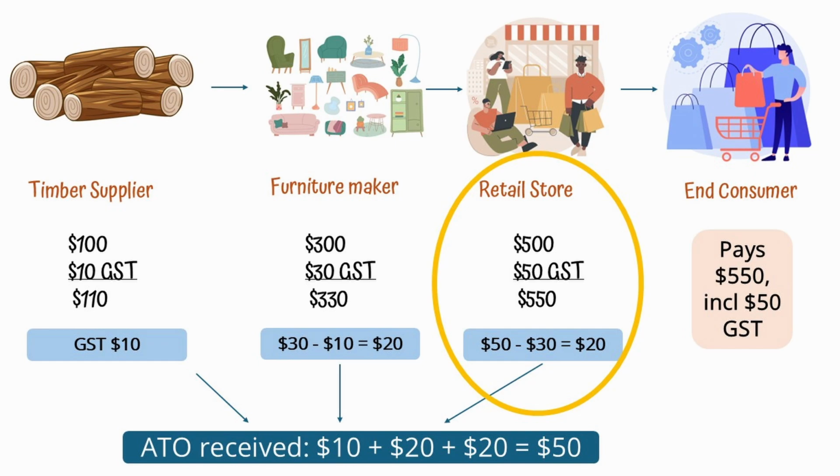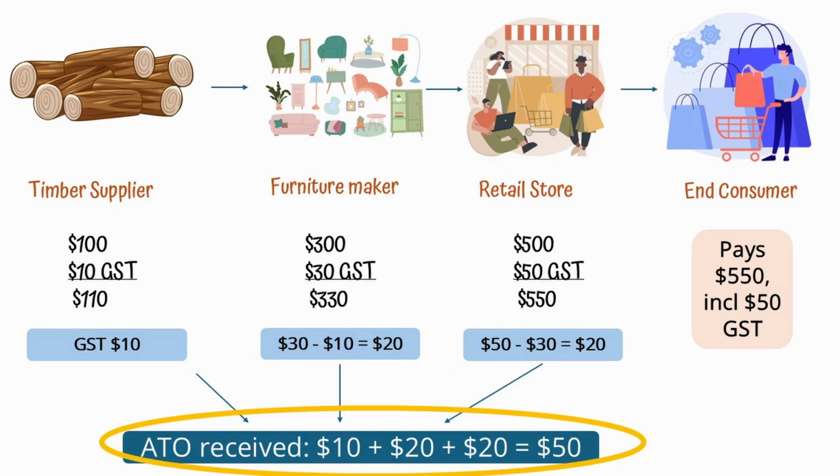The GST the retail store pays to the ATO is then $20, which is the $50 GST it collected, and in the meantime, claims back the $30 GST it had paid when purchasing this furniture from the furniture maker. Eventually, the ATO received $10 GST from the timber supplier, $20 GST from the furniture maker, and another $20 from the retail store.